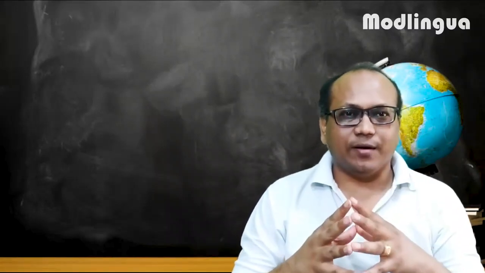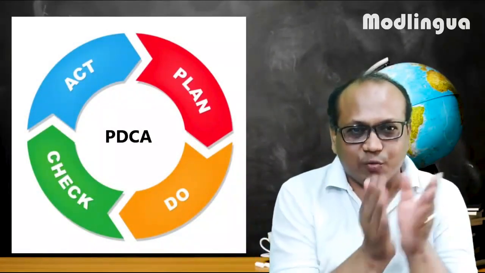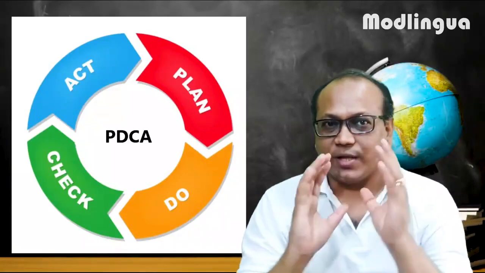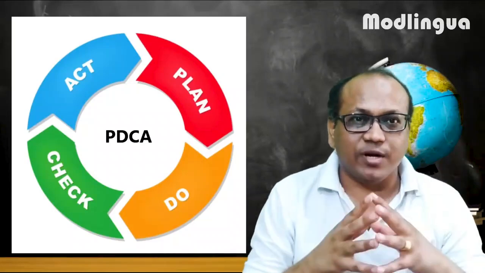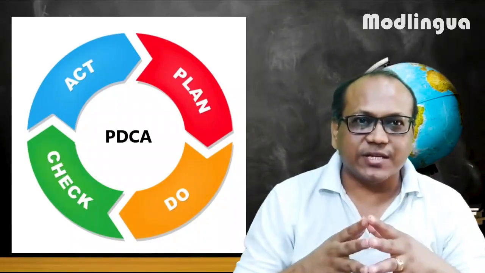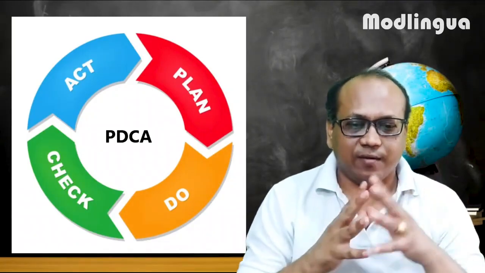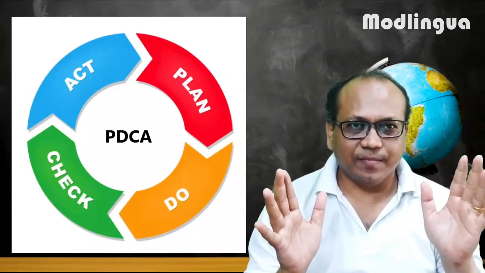And that happens only when we deploy four things. One is we plan. Once we plan, we do the things. While doing things, we control, that is check. And once there is some improvement needed, we act. In short, if you look at this chart, we call it PDCA. So it is called plan, do, check, and act.